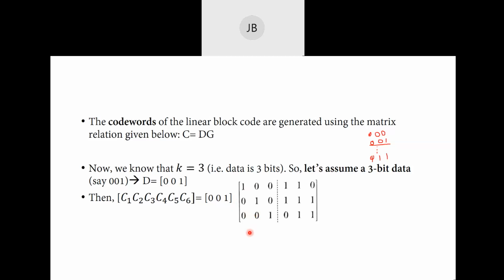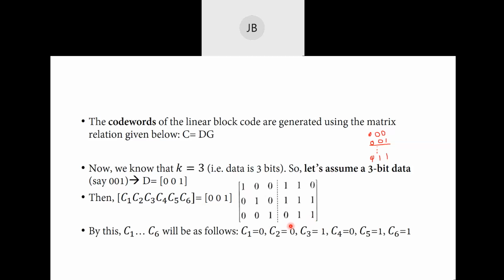And similarly, the remaining bits we can find by multiplying this data with the different columns here. So if you notice that C6 will be 1. Yes, C6 is 1, but C1 and C2 are 0. That's what we have determined in this multiplication right now.